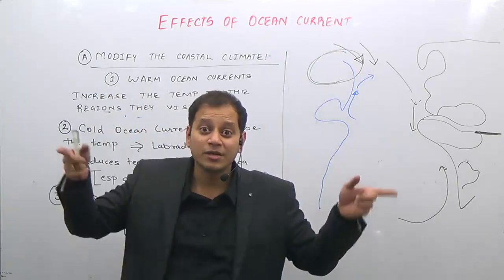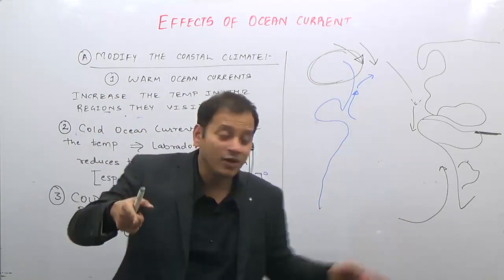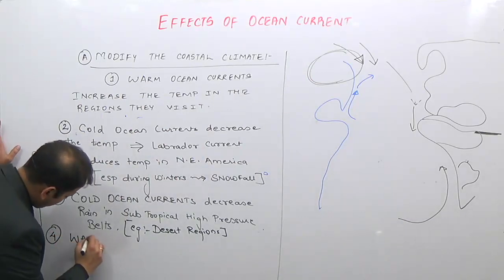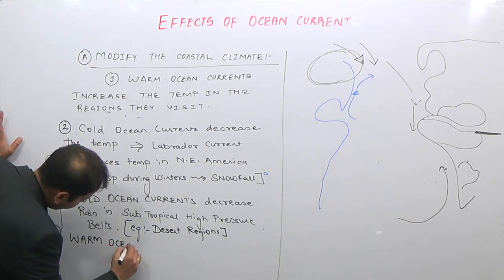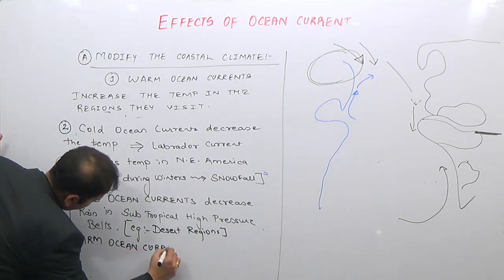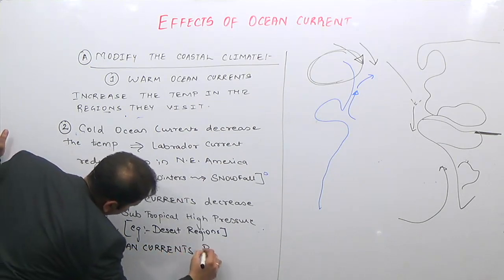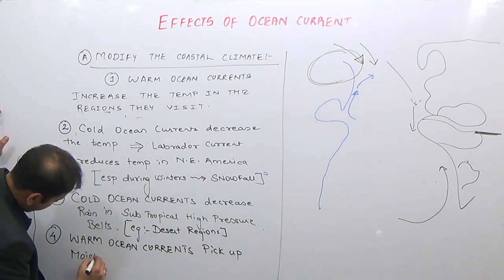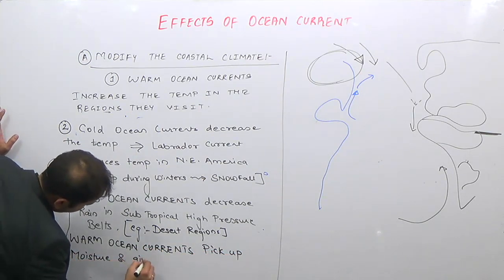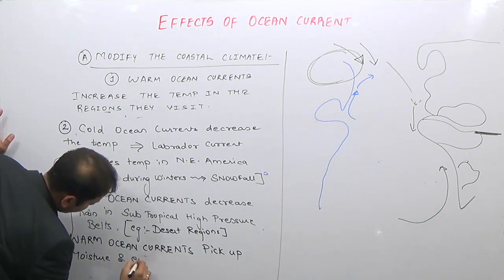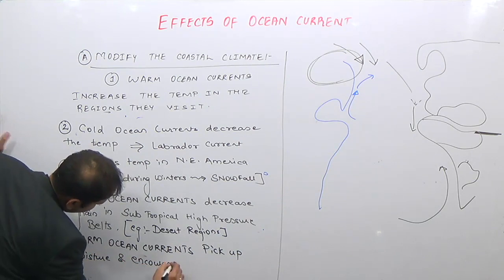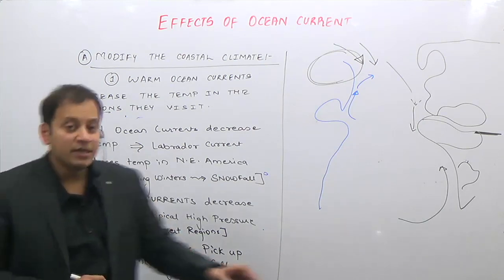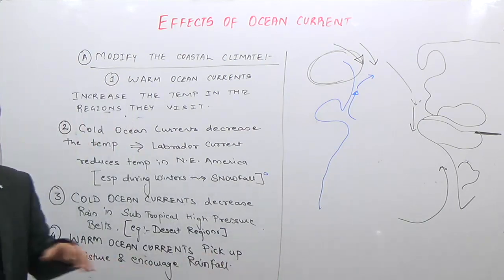So cold ocean currents decrease or discourage rainfall, while warm ocean currents pick up moisture and encourage rainfall in this region.